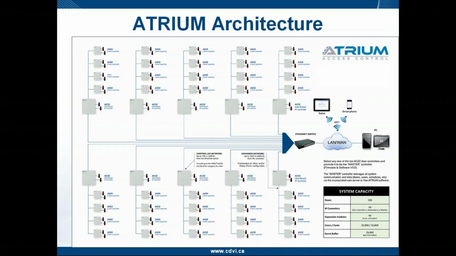So we could run a Cat5 cable all the way back, that one single cable, to the local vicinity of that particular door, install an expander at that door close by, do the field wiring for my reader cable, my lock cable, my door contact, request to exit, all locally, minimizing the amount of field wiring I have to do, and then connect that expander to the controller through that Cat5 wire.